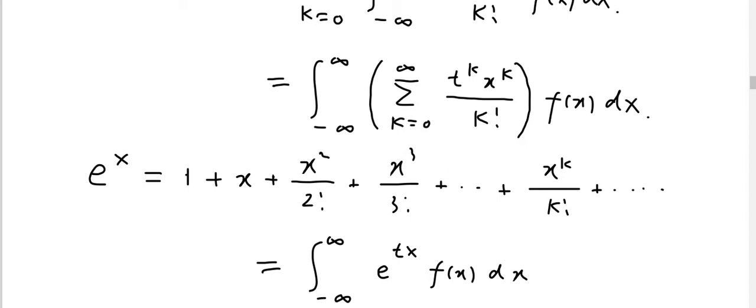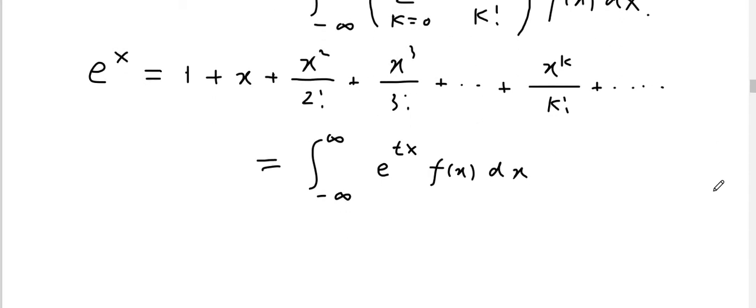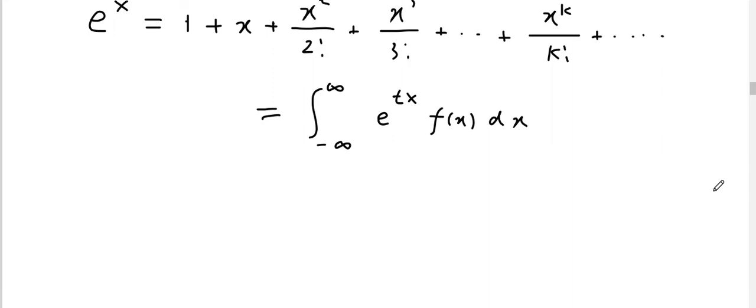Okay, so we say the moment generating function is this. And this f(x) is the probability multiplied by this. So what is this? This actually just equals the expectation of e^{tx}.